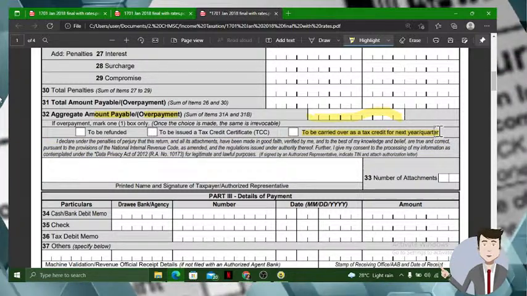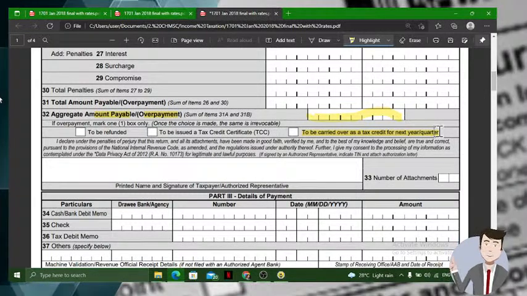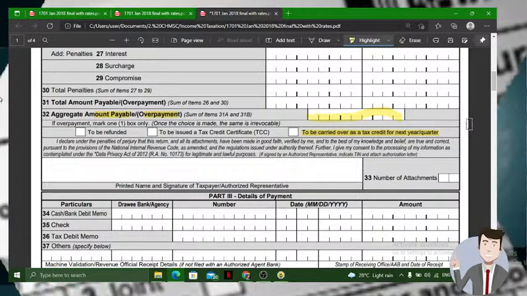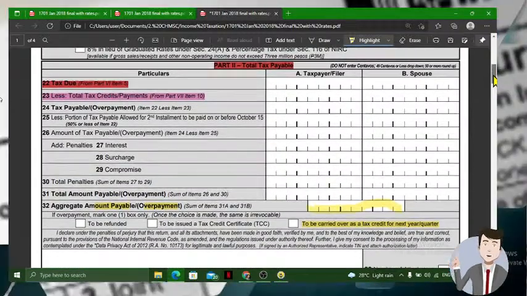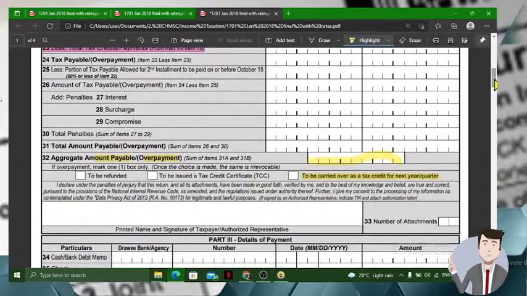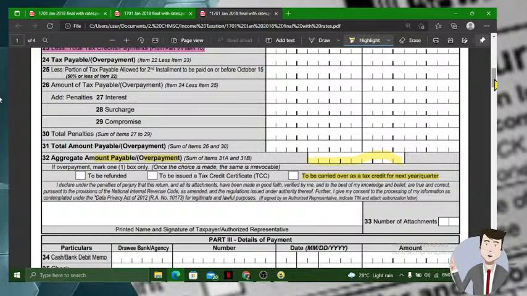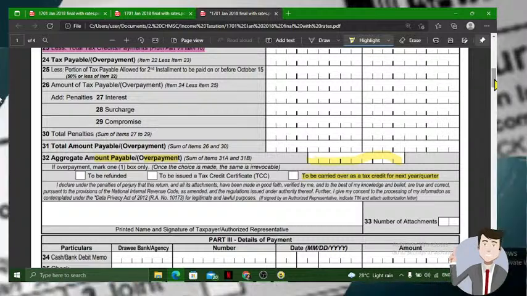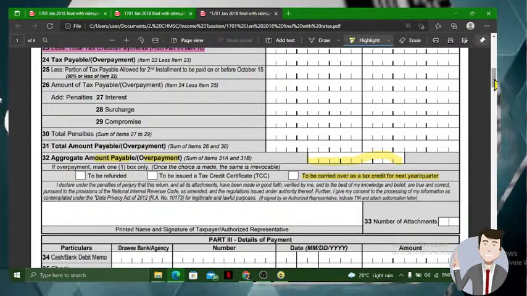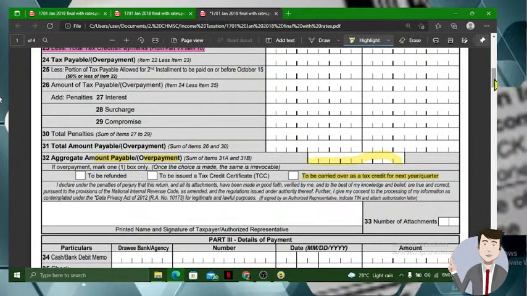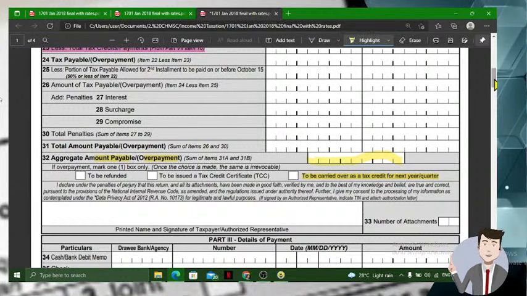Then, if you are using eBIR forms, the fully filled up BIR return will be generated by the facility as a code or a format that is readable by the Bureau of Internal Revenue. So you need to submit it online through an email. Okay? So you have to attach the generated format of the eBIR form.